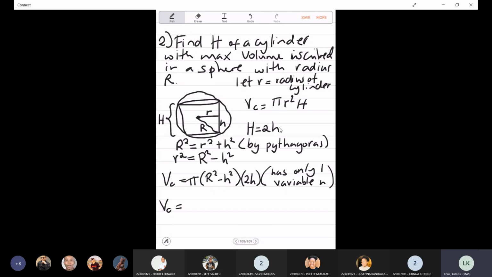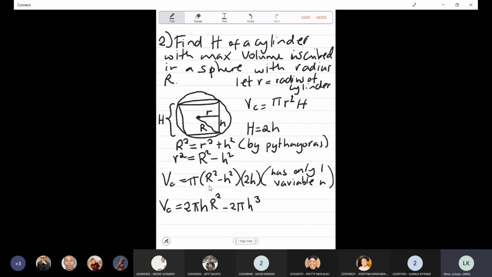Okay, so now we can multiply out, and what we have is 2 pi h big R squared minus 2 pi small h cubed.